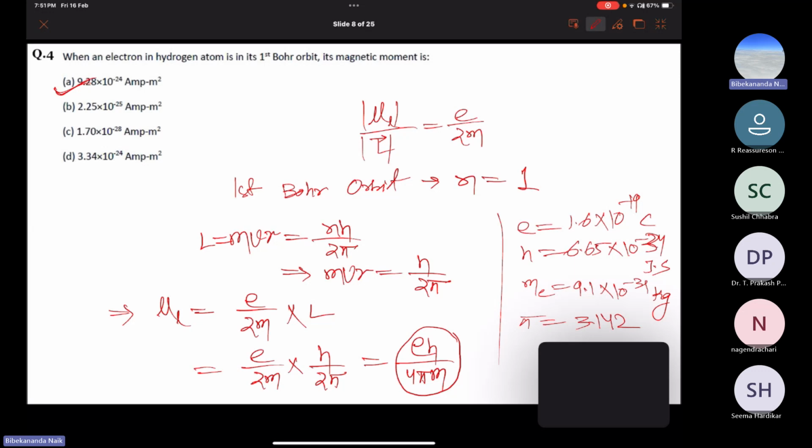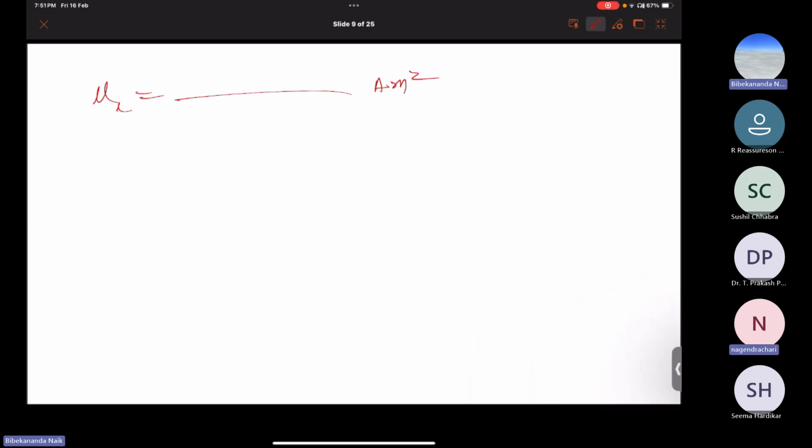Can anyone tell me what it is called? The value is 9.274, or 9.28, into 10 to the power minus 24. Yes, this is the Bohr magneton.